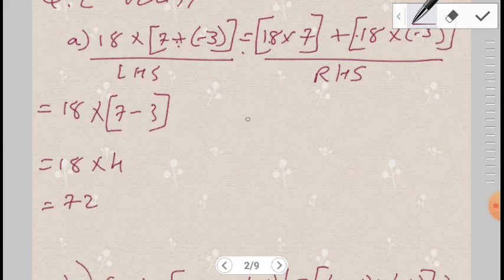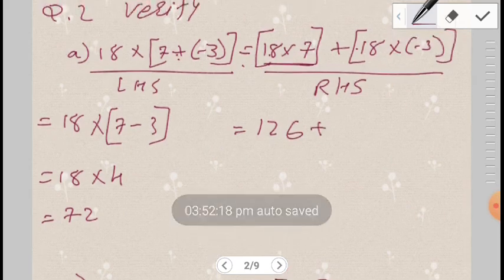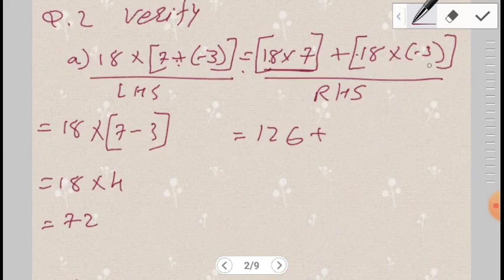Now we proceed to the right hand side. So 18 into, as per BODMAS, I will solve this first bracket. So 18 into 7, I will get 126, plus for this bracket we have 18 into minus 3.